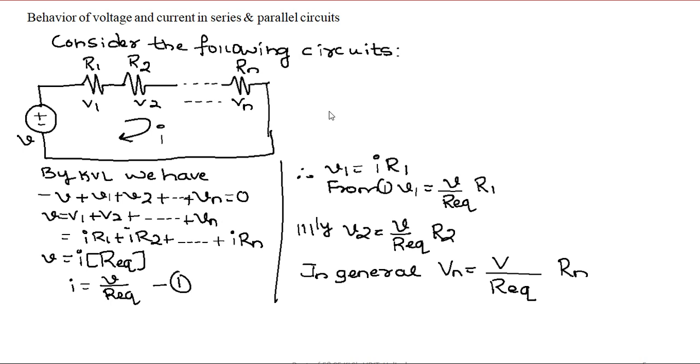So here I have already given you the details. So this circuit indicates how we can define the voltage in the nth resistor. So we can consider the series combination here. So I have considered a voltage source. This is the voltage source that we have.